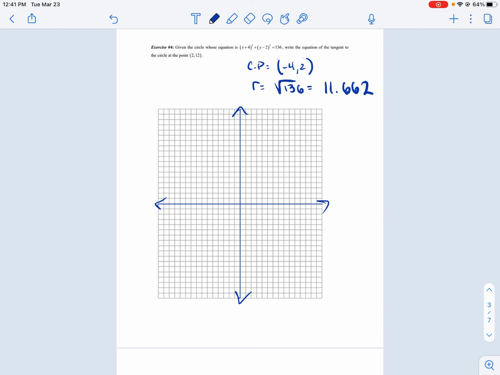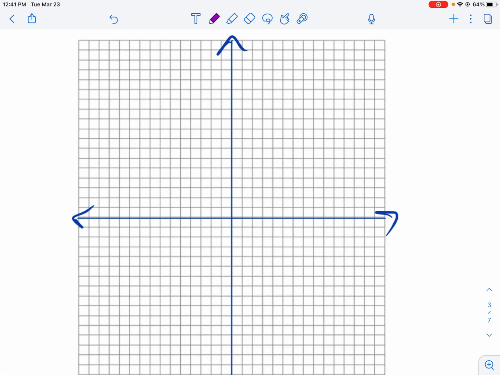So let's draw this circle on here. So negative 4, comma 2.